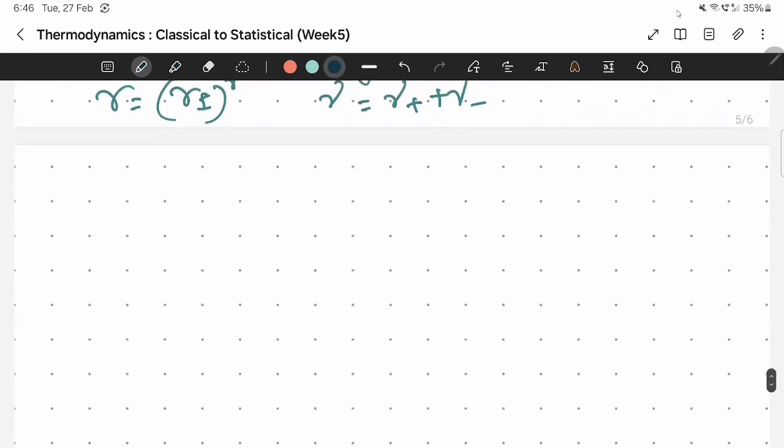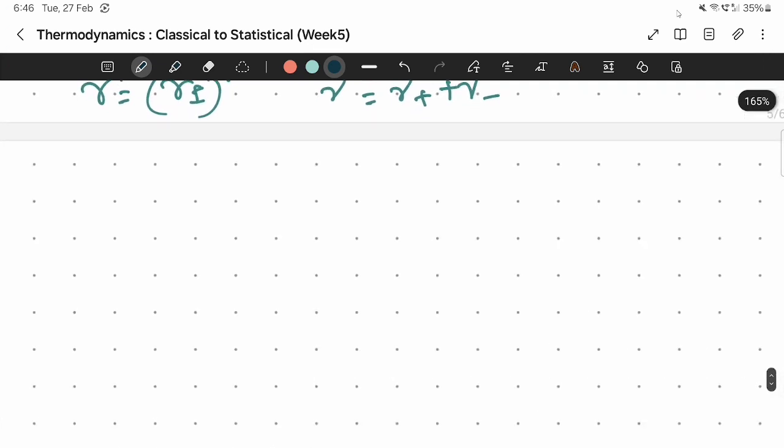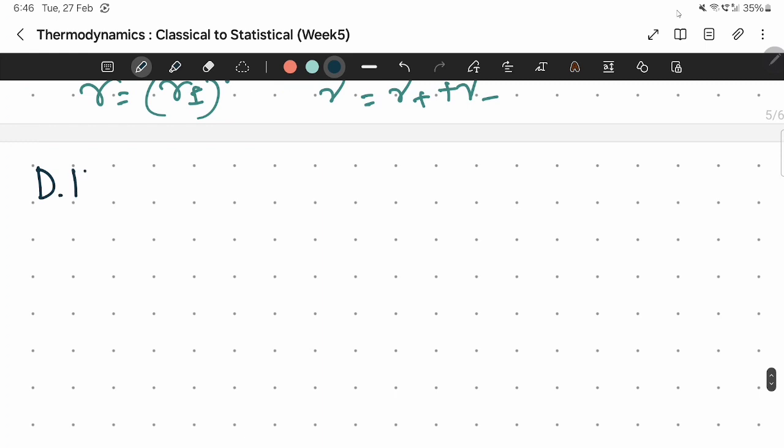Now how can we find out gamma plus minus? That is evaluated using the Debye limiting law. What does it say?